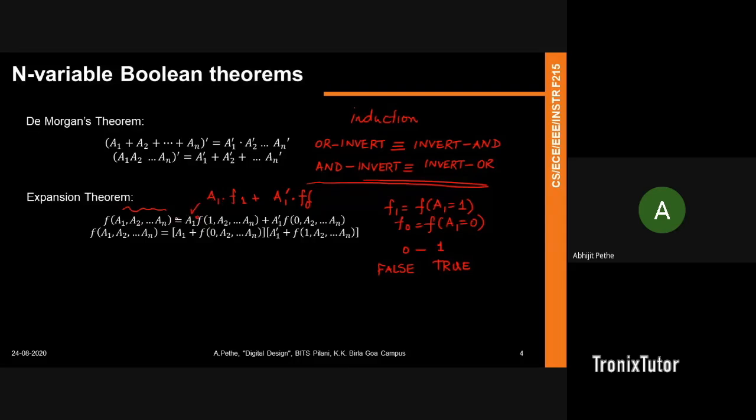And when a1 is false, that is when a1 prime is 1 and a1 is 0, then the function drops down to f0. So it's trivial when you think about it, but it's powerful when you have to design this at a circuit level. As we go through the class, I'll give you examples where this makes it very easy to design circuits, right? These are just quick tricks to keep in mind when you have to actually implement this on a breadboard.